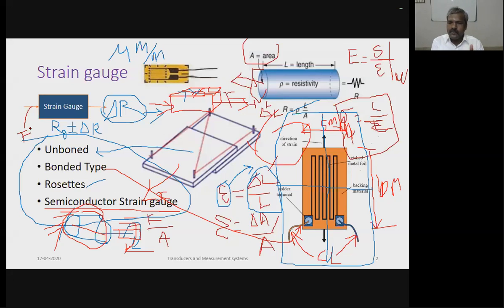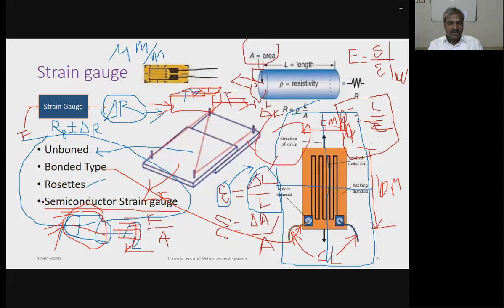Piezo means the input is mechanical force, and the output is change in resistance. So it is called piezo-resistive sensors. This is also the semiconductor piezo-resistive sensor.